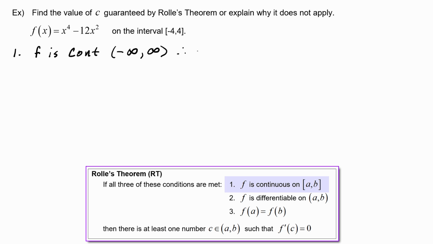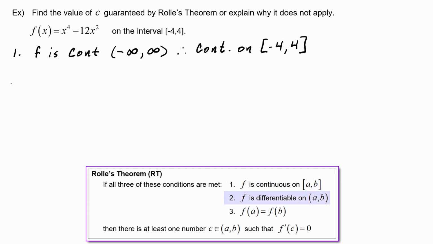Therefore, it will certainly be continuous on a subset of everywhere, which is the closed interval from -4 to 4. This interval lives entirely inside this interval. So we can't make this claim without first having said where f is continuous.